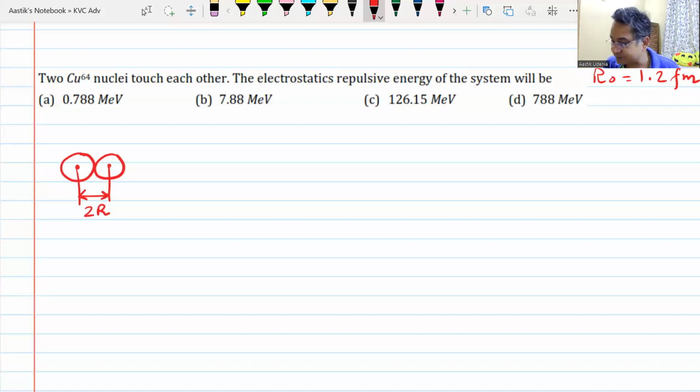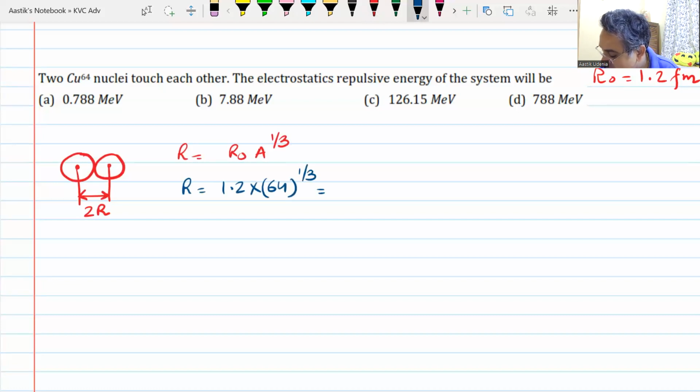The value of r is given by r naught into A, the mass number, raised to the power 1 by 3. In this case, R naught is given as 1.2 and the mass number of copper is 64 raised to the power 1 by 3, so it will come as 4.8. Yes or no? Yes, sir.